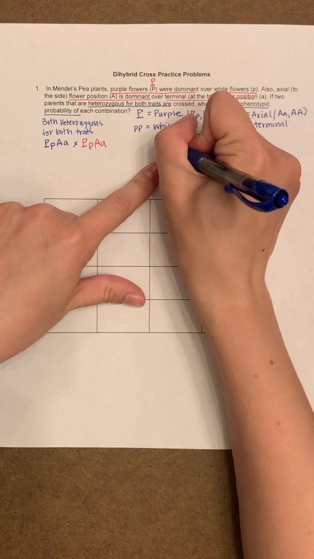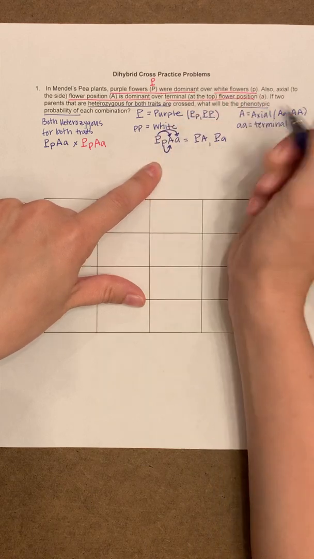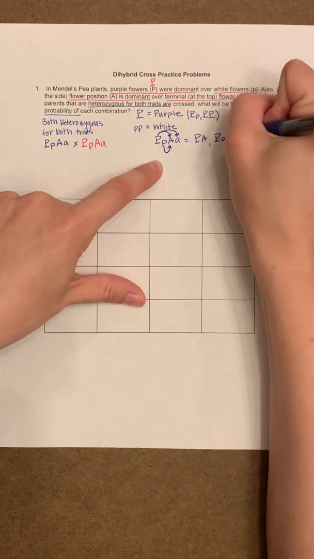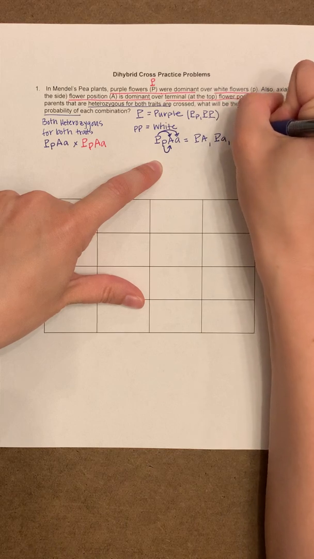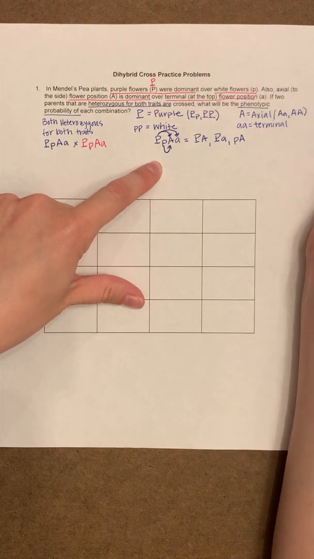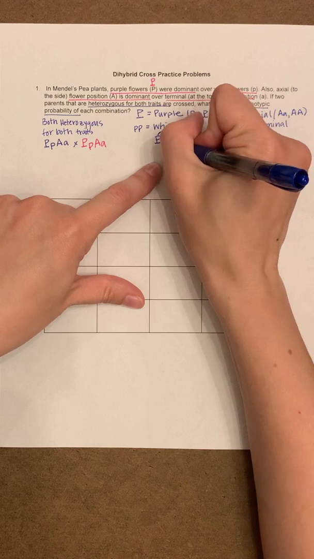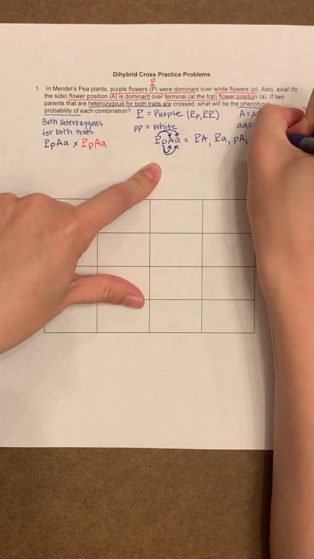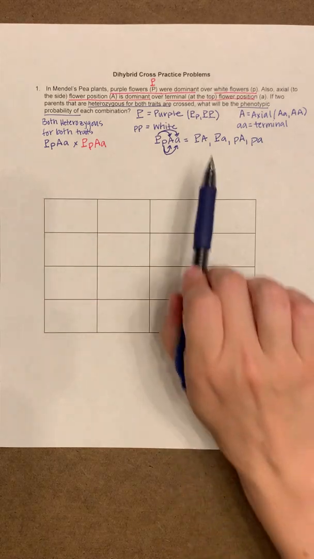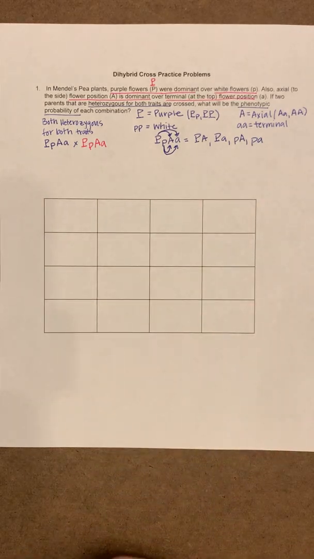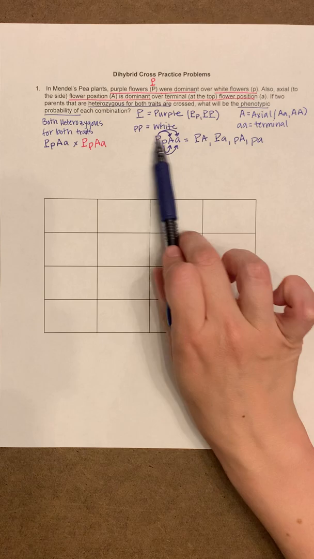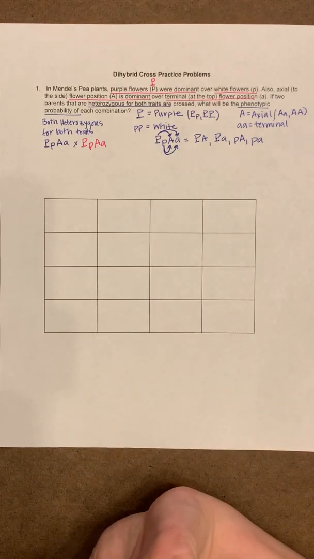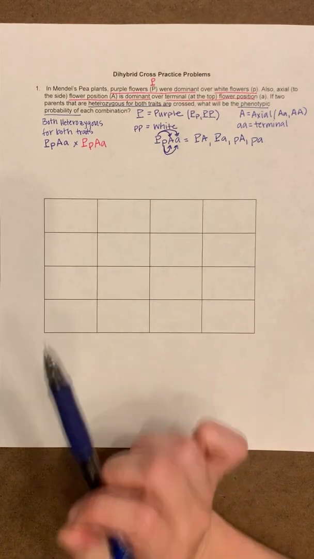You could also do the second allele and the third allele as they're listed, which would give you lowercase p and capital A. And finally, if you do the second one and the fourth one, that's lowercase p and lowercase a. Those are the 4 possible gametes that each parent who is heterozygous for both traits could give.